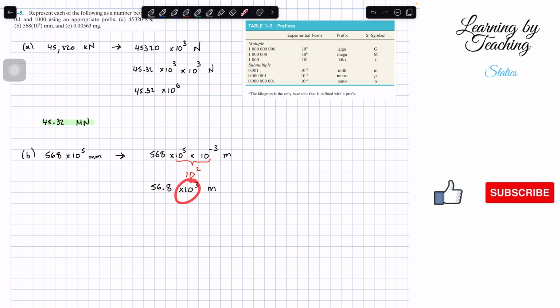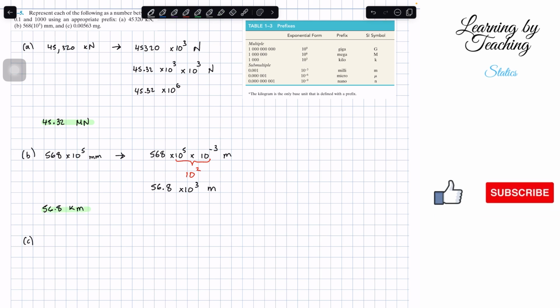And now that we have something more in the form that we want, a number between 0.1 and 1,000, and also an exponential form that we can convert, we proceed and say, hey, this is the same as 56.8 kilometers. And just like that, we found out the solution for our problem B.